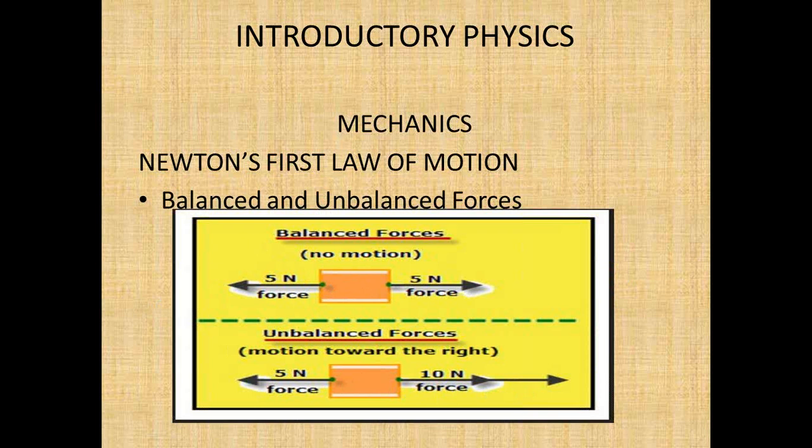So this object is going to achieve some acceleration because there's unbalanced force. Remember, force is equal to the mass times acceleration. Because there's an unbalanced force, the object has a mass, it's going to achieve a certain acceleration in this direction.